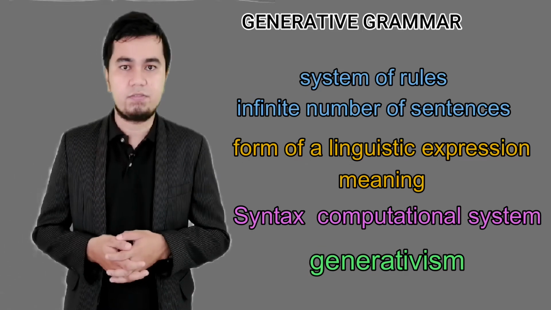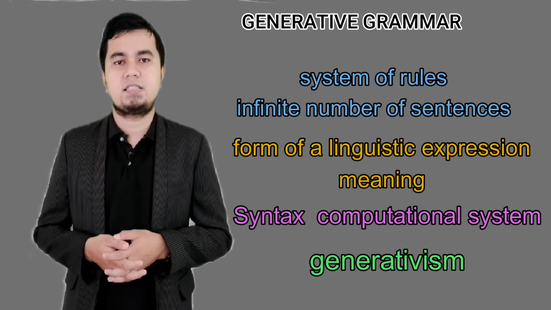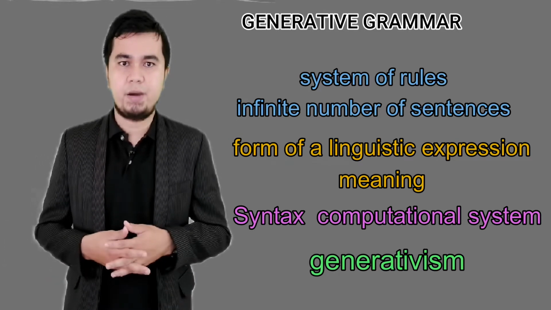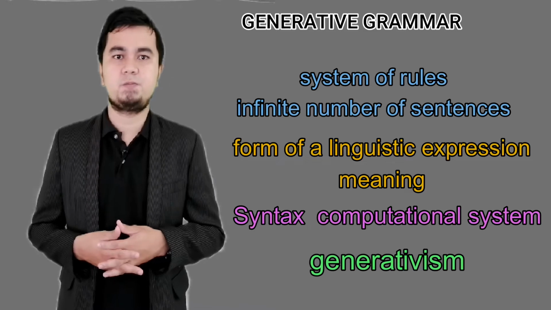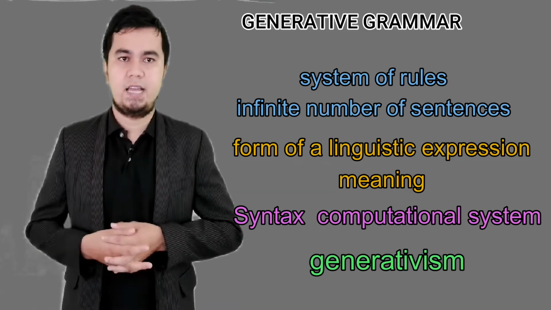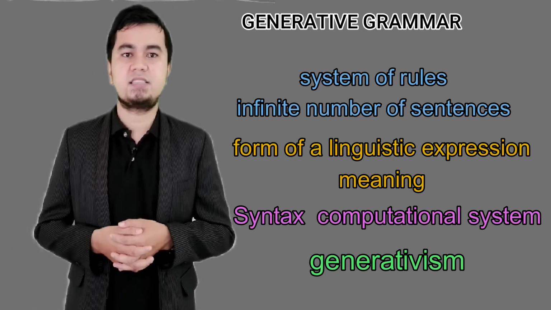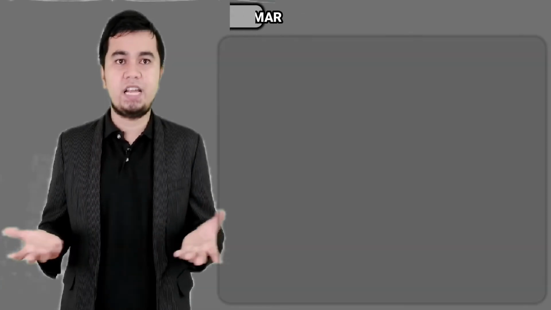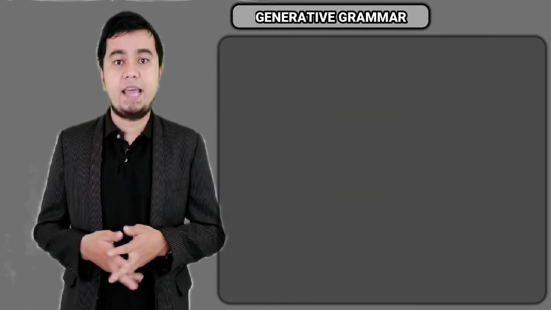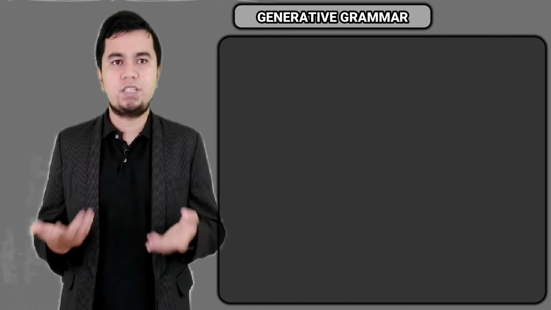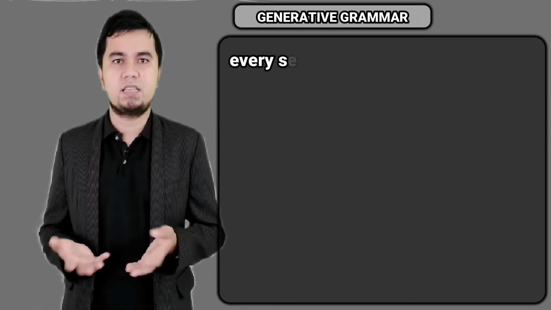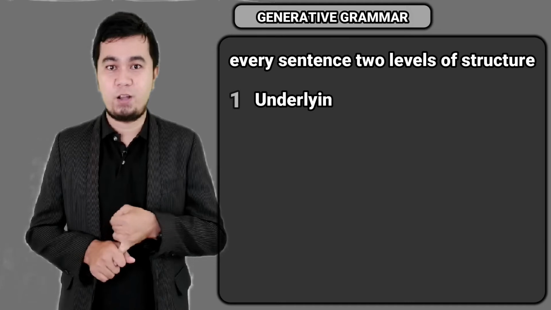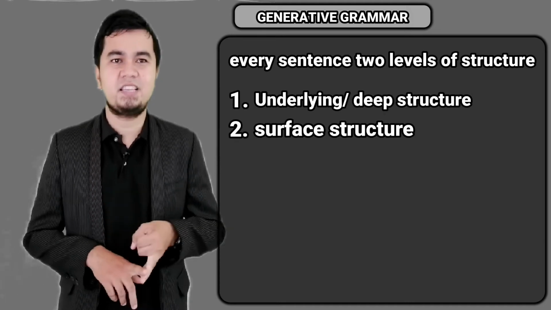Generativism is a belief that states a description of rules that embody the creative capacity of the native speaker to understand and produce an endless number of sentences. So we generate grammar unendingly. Generative grammar assigns every sentence two levels of structure: the underlying or deep structure and the surface structure.